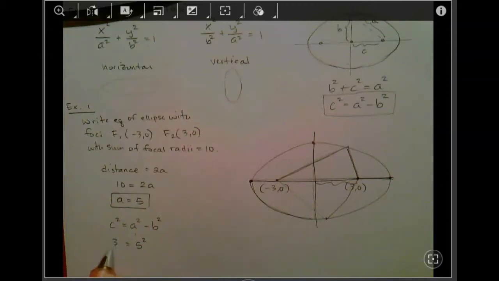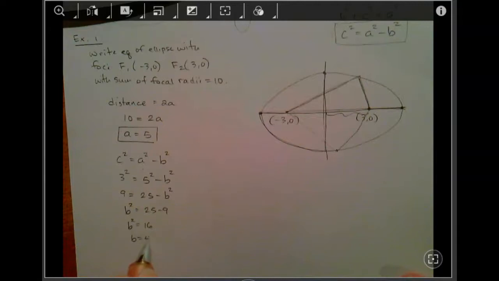So now I can do 3 squared equals 5 squared minus b squared. If you go ahead and solve here, we get 9 and 25. So we're going to get b squared equals 25 minus 9. So b squared is going to be 16.